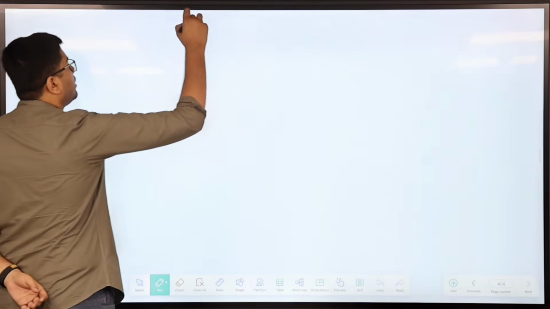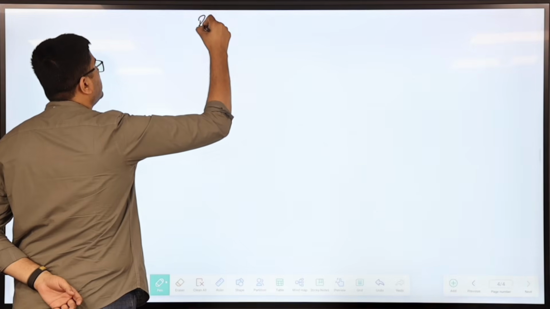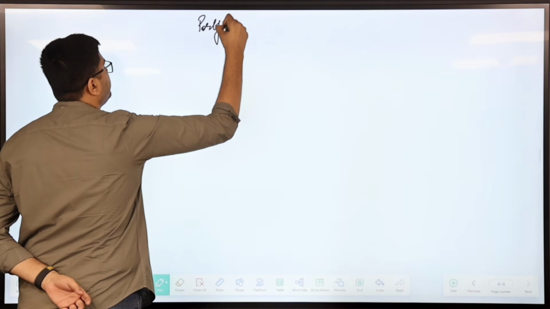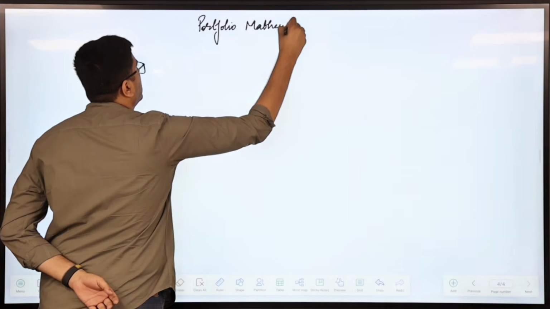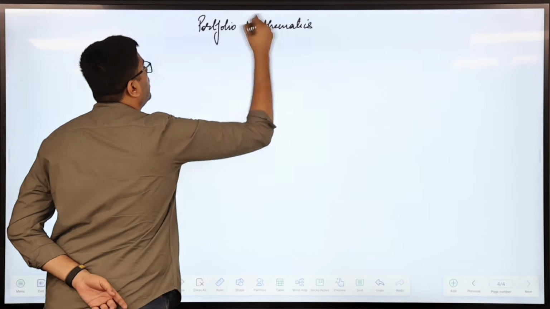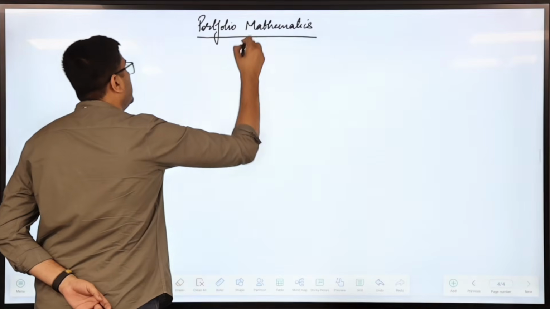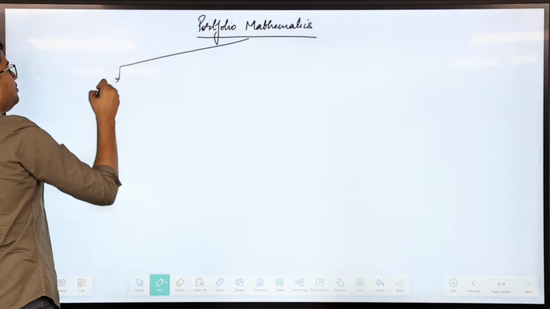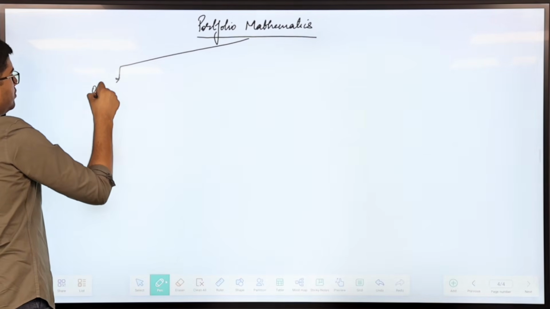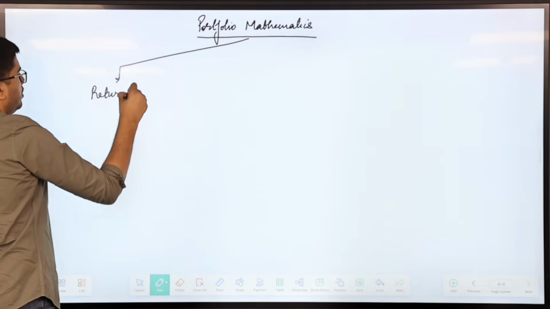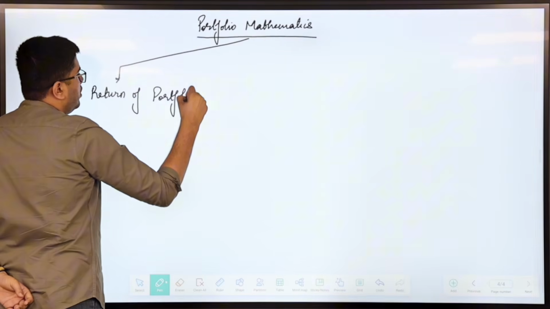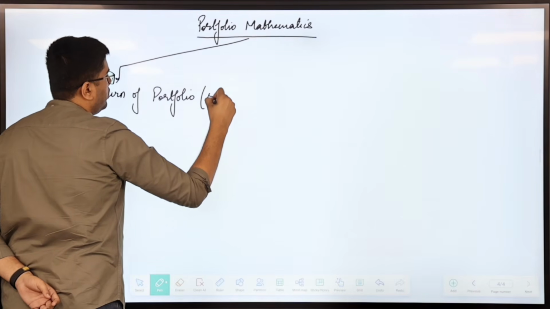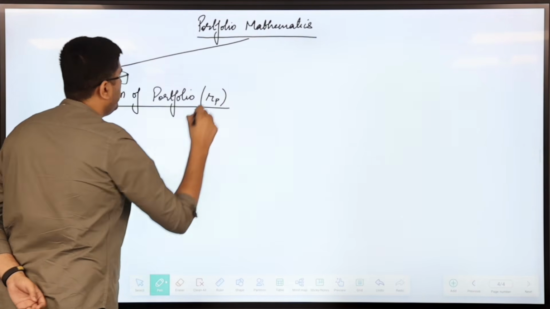Last discussion that we take up for the first half of quants is portfolio mathematics. So here, two values that you should be comfortable in calculating.